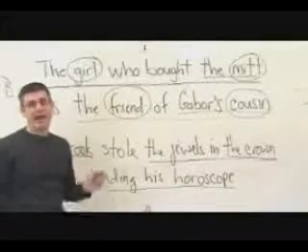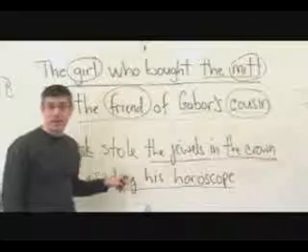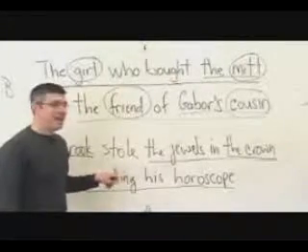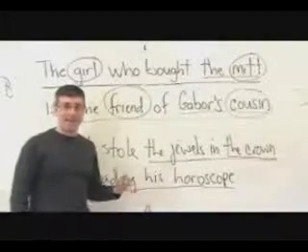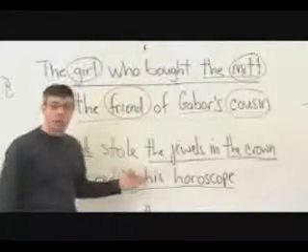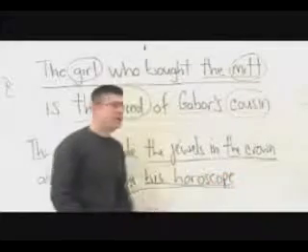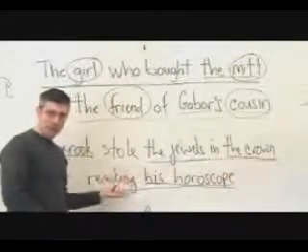After what? After reading his horoscope. Reading, being a gerund and thus a verbal, can do certain things that verbs can do. For example, it can have direct objects. Reading what? His horoscope. That's what. So his horoscope is another nominal phrase within this nominal phrase.